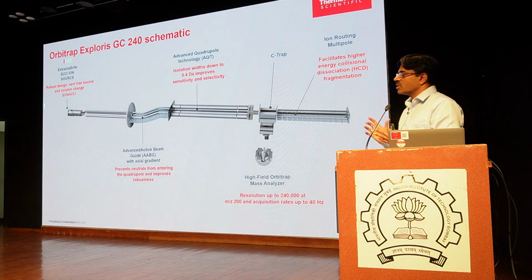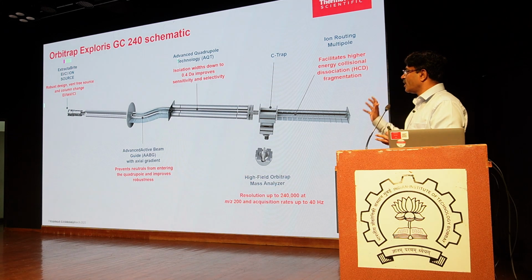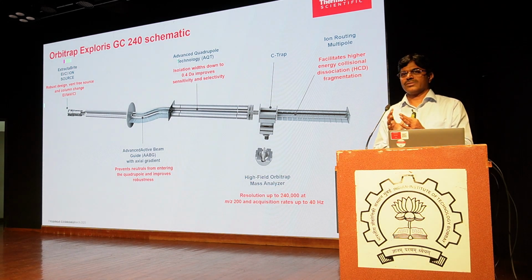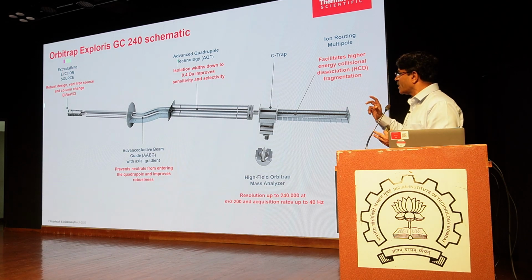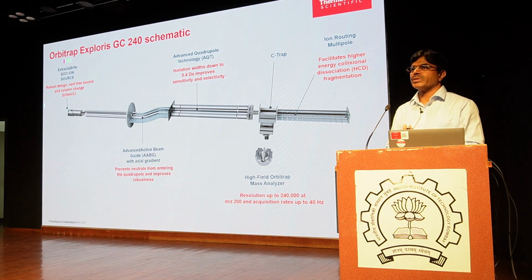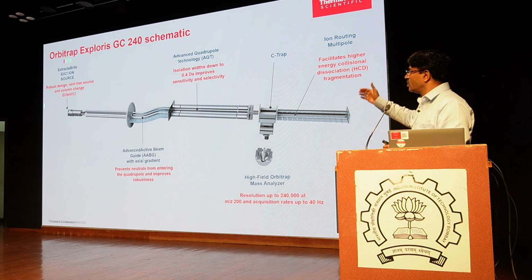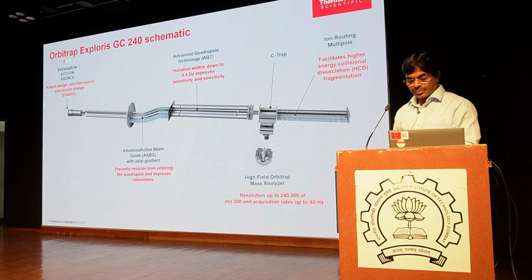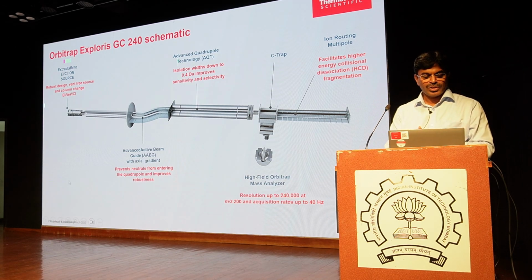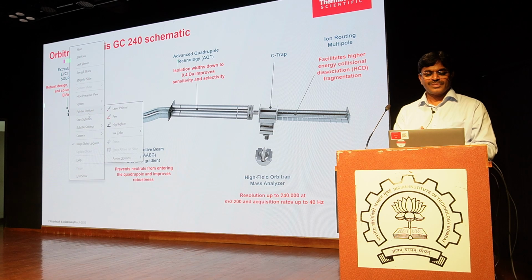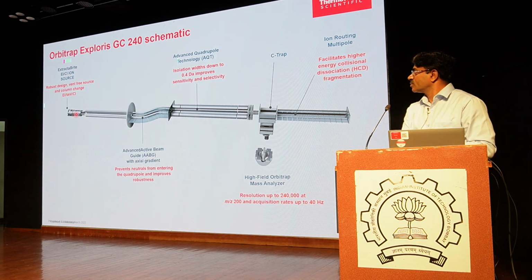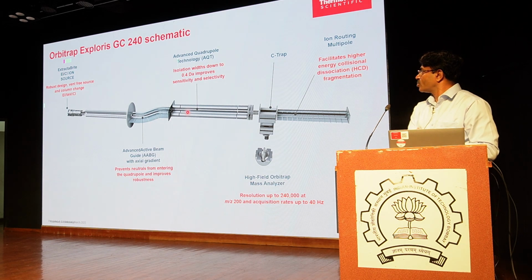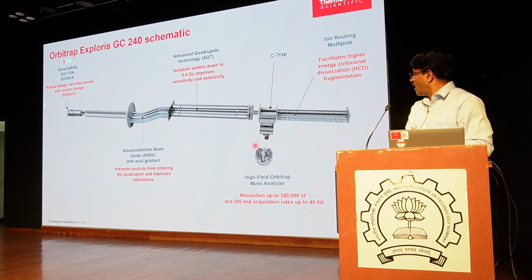So this is the Exploris GC which you will see in the lab. The Orbitrap is actually not a single analyzer, it's a hybrid instrument. We call it hybrid because it has, let's get the pointer on, the source here, and it is a combination of the quadrupole and the Orbitrap.